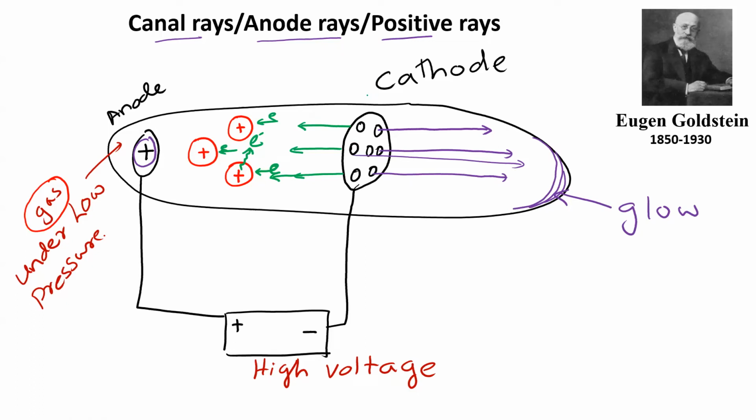We know our cathode is a negatively charged end, so these positively charged particles get attracted towards the cathode. Since the cathode has holes, where there's a hole, this positive charge is able to go through and hit. And that's what caused this glow. So he actually discovered the positive rays, or the positive charges.